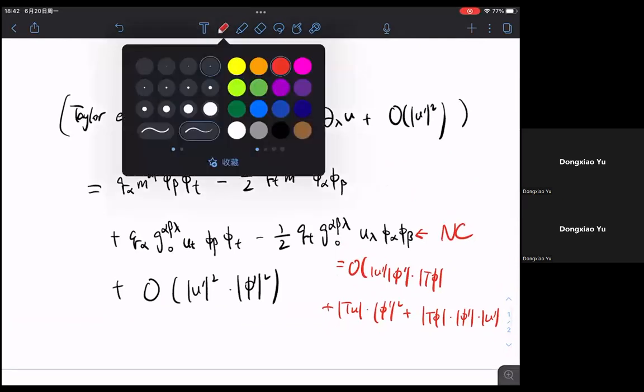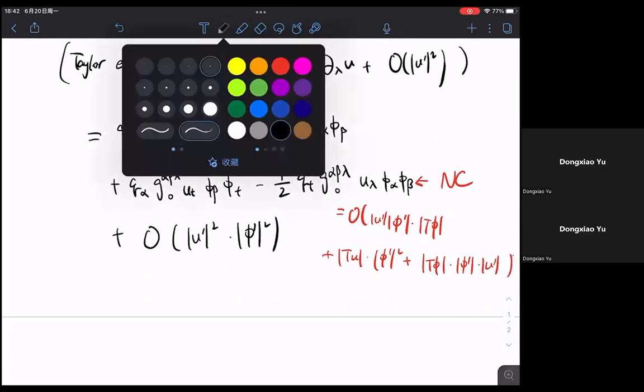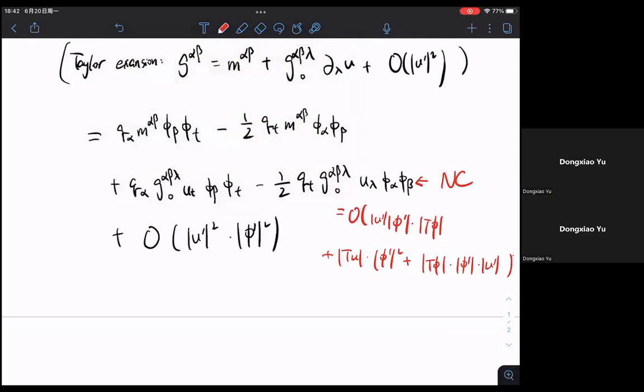Okay, so finally, let's consider R1. The first row, that is the row with this M alpha beta, the Minkowski matrix. We can do the computation directly. You probably need to do some computation by yourself, but I can tell you that this is equal to phi t, phi r plus 1/2 phi prime squared.